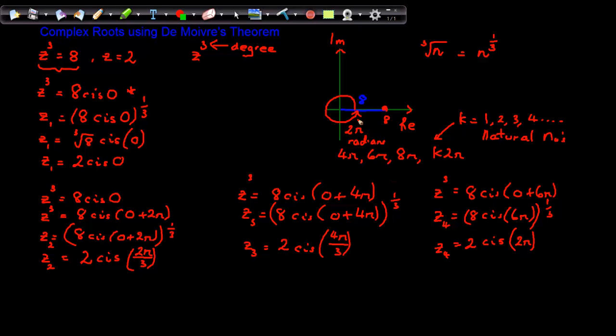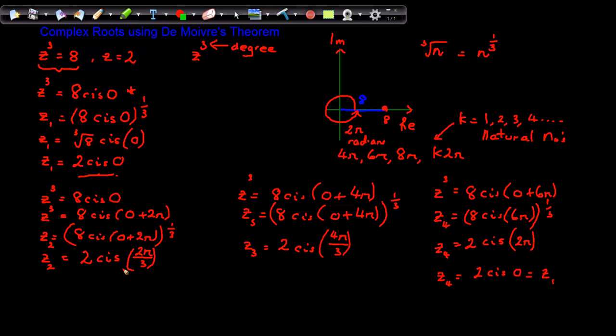But 2 pi is just the same as going back around that full circle again, so that's really no different from 2 cis 0, and that's something we've already got over here. So that's just the same as z1. So we haven't got another unique solution. Now if you repeat that working for say 8 pi and 10 pi, you'll get these solutions being repeated, and you can prove that for yourself.